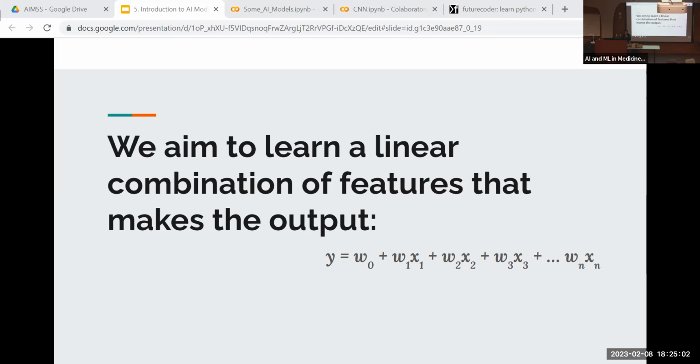Here we have W0, W1 which is multiplied by X1, and X1 is a feature, for example smoking. Intuitively it means how important is feature X1, and how important is feature X2, which is the level of cholesterol, and so on, and what combination of these features can produce the output that we want, which is the level of the risk of heart disease.